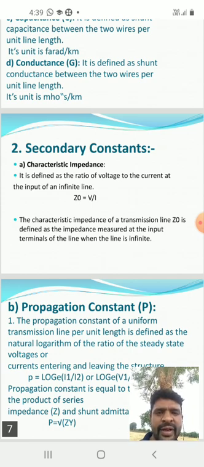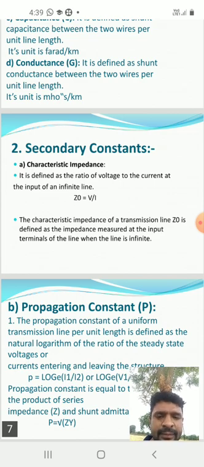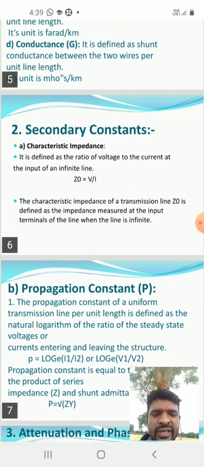That means we take the transmission line for some meters to so many kilometers, so we take the line length as infinite, for example. In this line, the impedance measured at the input terminal of the line when the line is infinite is called characteristic impedance Z0.